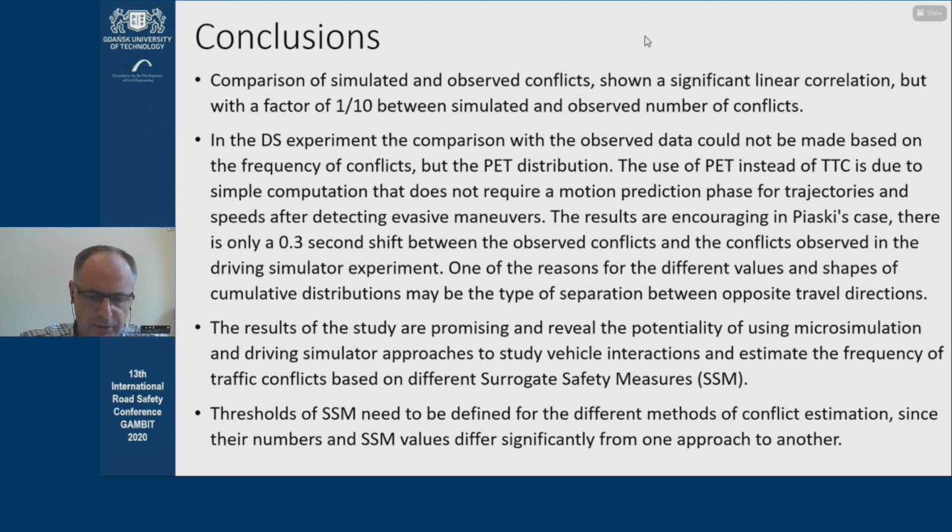The results, as I said, are promising, and it seems that both approaches could be applied to use the proactive approach as an intermediate measure of road safety until we are able to develop a real method.